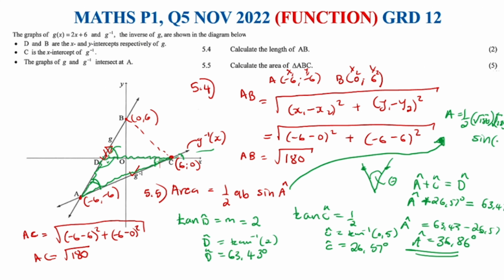Therefore, sine of the angle, 36.86. Sorry guys, it's getting a bit messy, but I'm hoping that you can follow. The answer that I got when I punched my calculator is 53.99 units squared. Don't forget this part, guys: units squared. So that's our area.